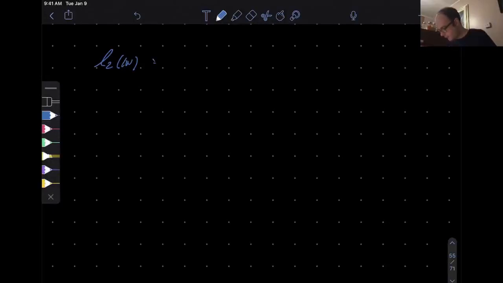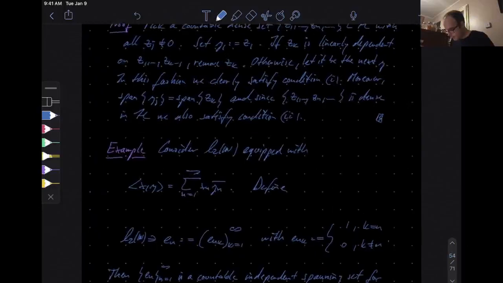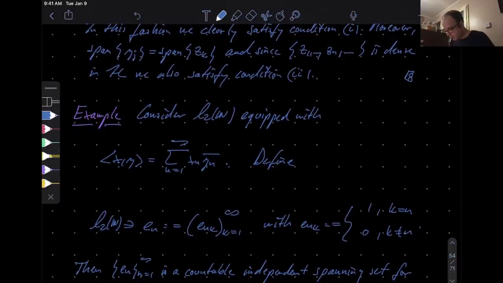So if you have a sequence x, maybe this time I write it like this, in L2. Yeah, and of course, these elements, they should be in your space, they should be in L2. I didn't say this at all, but this should be clear, right?